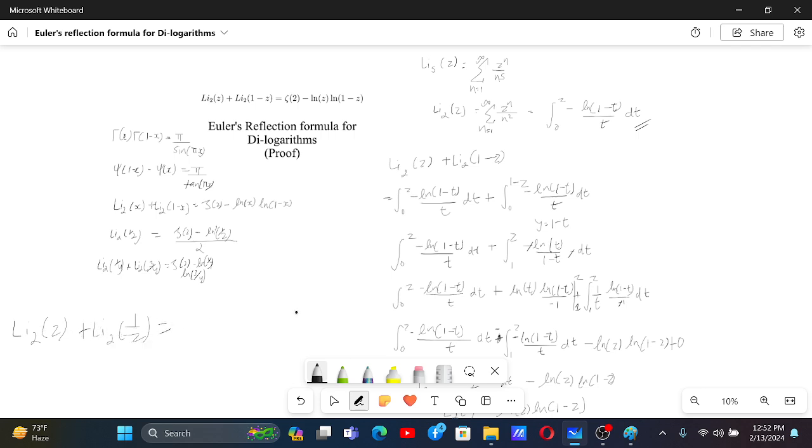This is actually equal to minus Riemann zeta of 2 minus 1 by 2 log squared of minus z, and there's another formula too, also known as Landen's identity. So there are other formulas too.